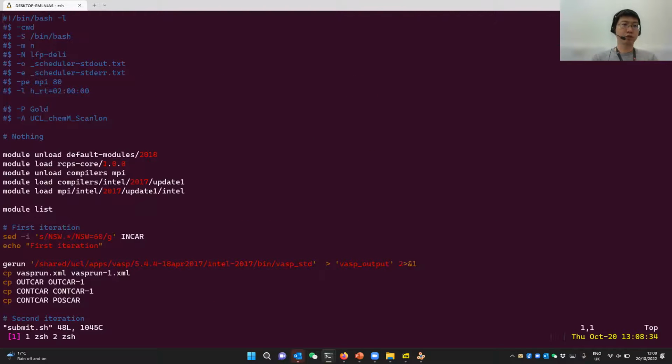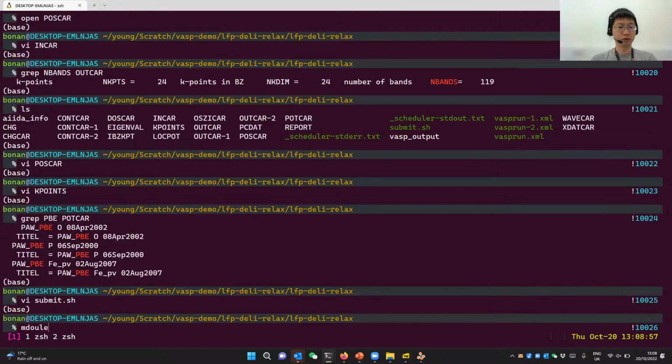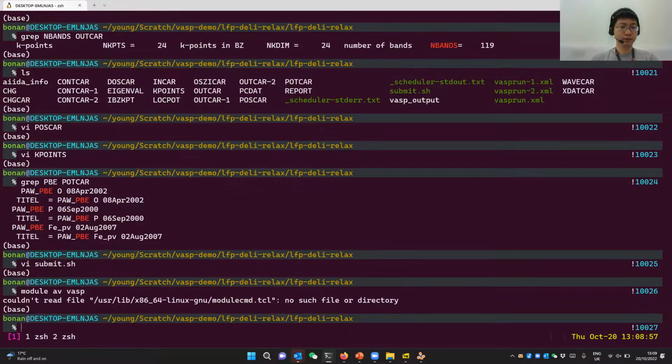The actual job script on Young, you can get all of this on the excellent documentation website of UCL Research Computing. The key is to make sure you load the modules correctly, the modules that the VASP code is actually compiled with. To see that, you can do module avail VASP.